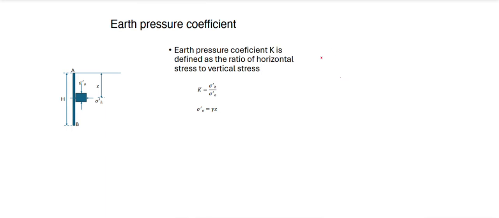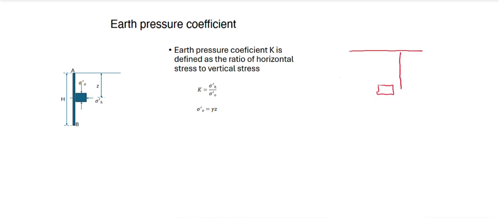Just as I indicated, determining lateral earth pressure is not an easy thing to do as compared to determining the effective geostatic stresses. So therefore, the earth pressure coefficient is employed to determine the lateral. So if we have a soil layer here, I take an infinite portion of that soil layer.